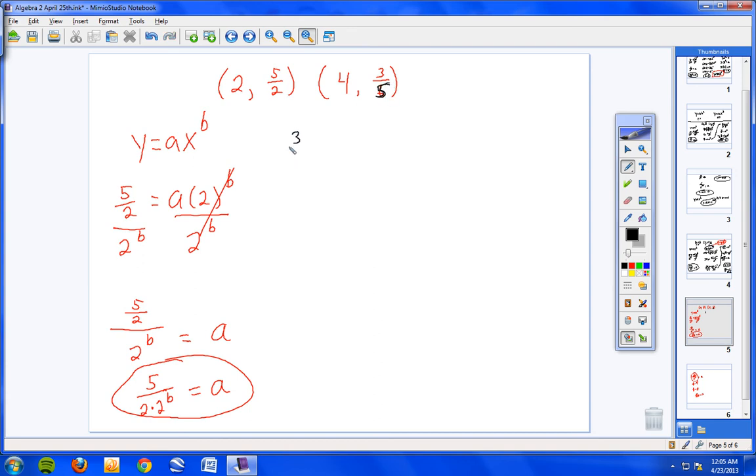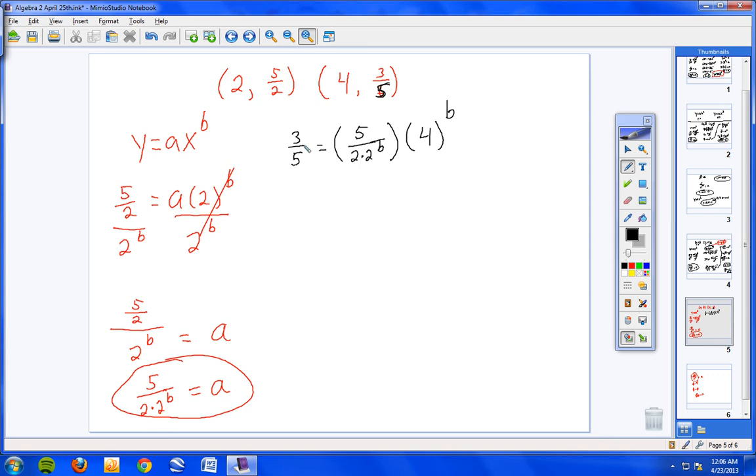So y is 3/5 equals, and then for a, I'm going to go ahead and put 5 over 2 times 2 to the b. And then next is x, and x is going to be 4. And then all of that to the b power, okay, to the b power.